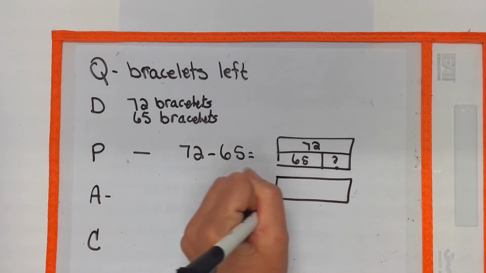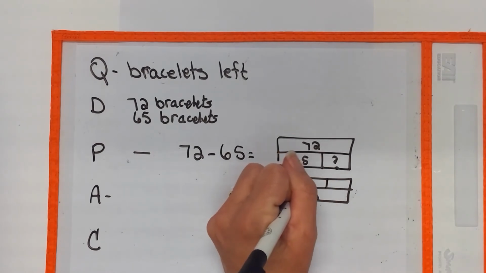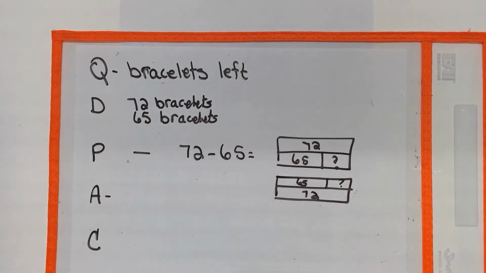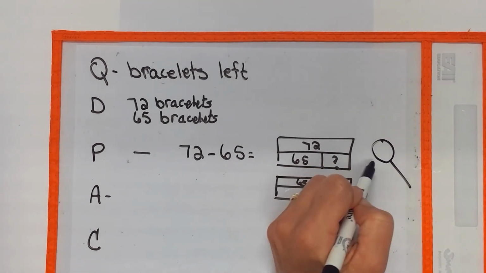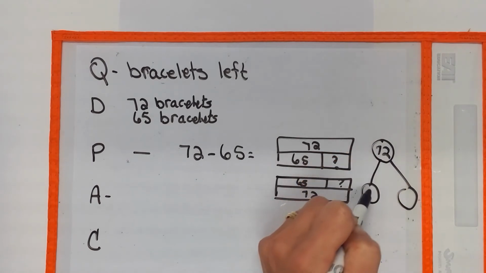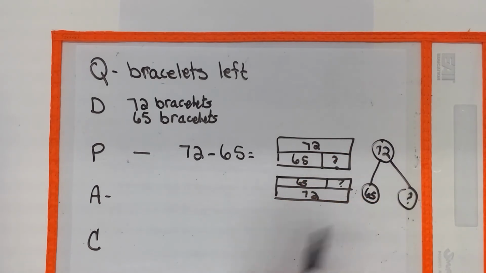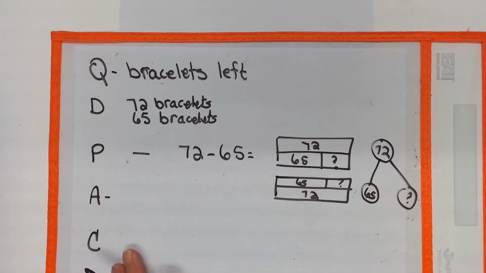Our bar model can also be written with the total on the bottom and the parts on the top. We can also model in more of a number bond type part-whole model. This is our total. We know this part, and we're looking for this part. From this point forward, the students would subtract in their method. They would check in another method to come up with their answer for these word problems.